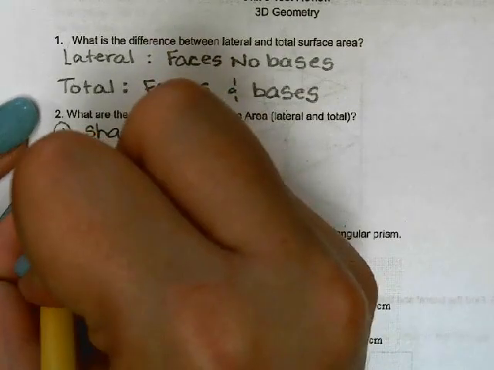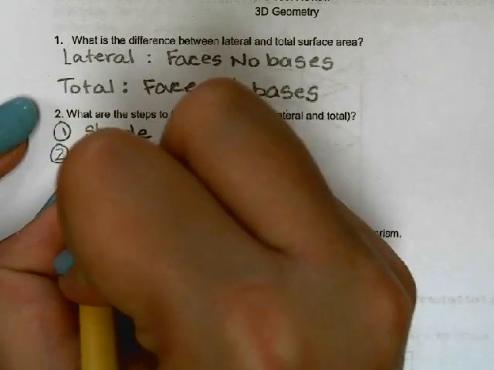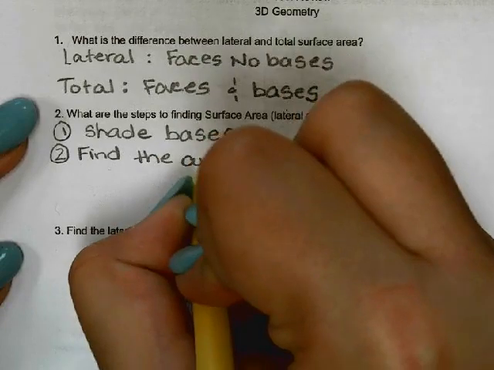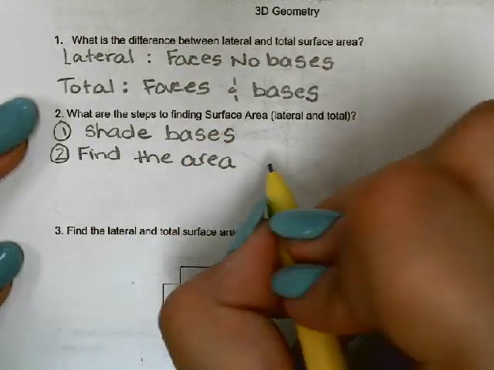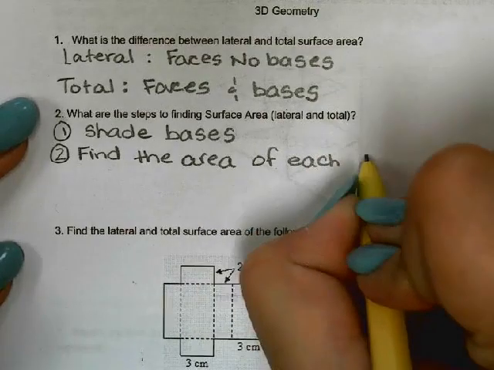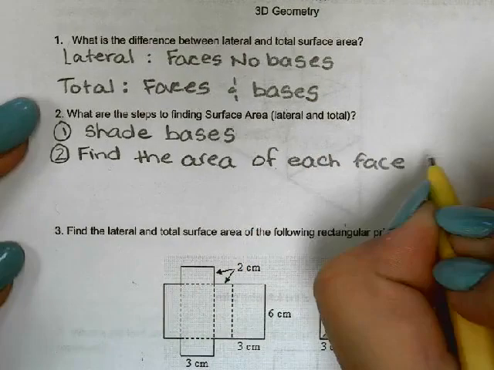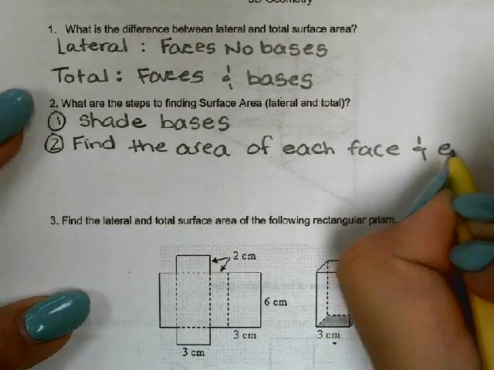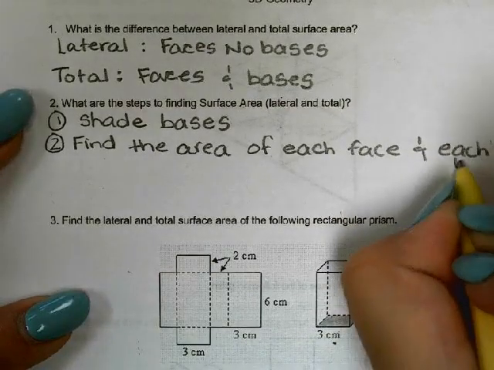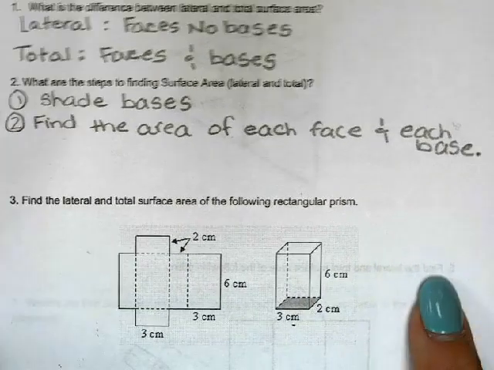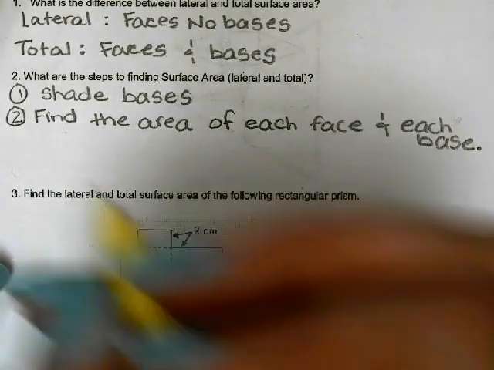Step 2 is find the area of each face and each base. Now the next step just depends on if you're finding total or if you're finding lateral.